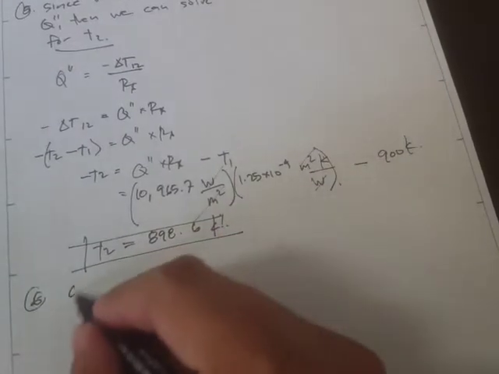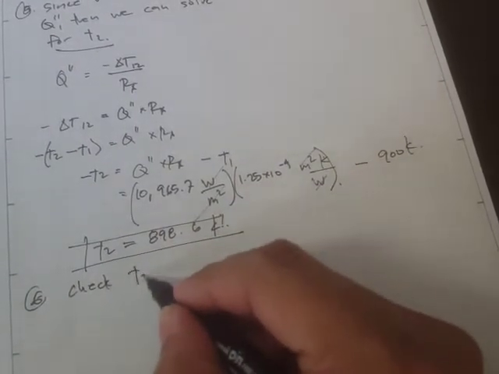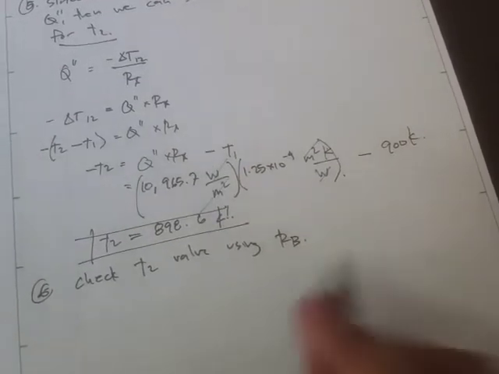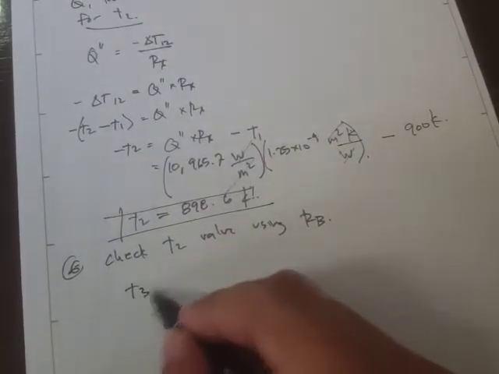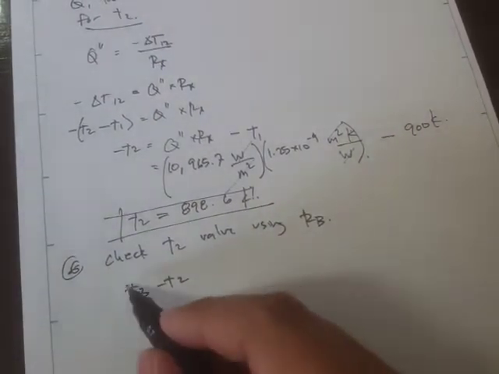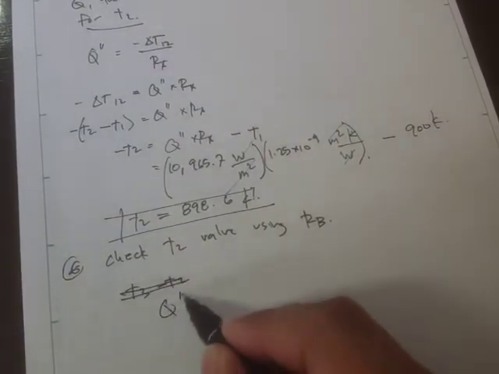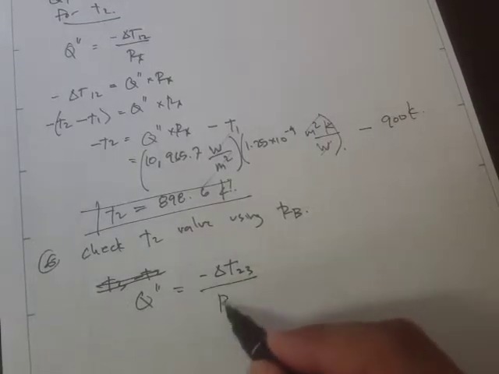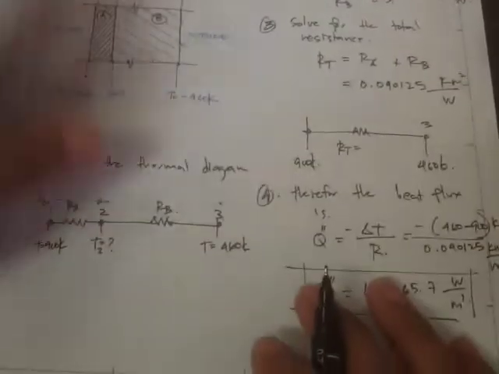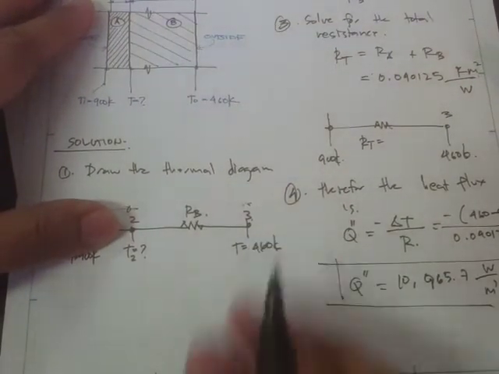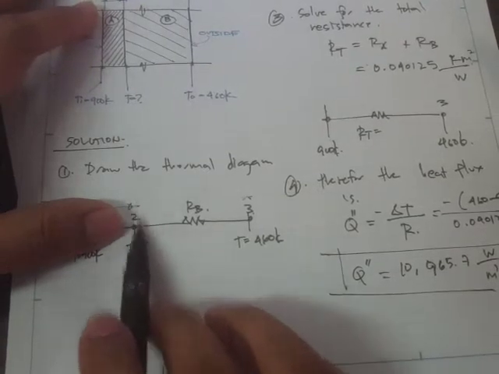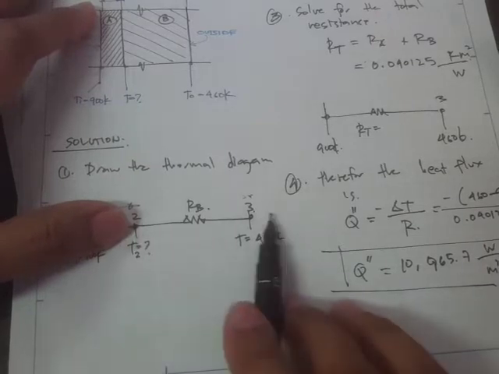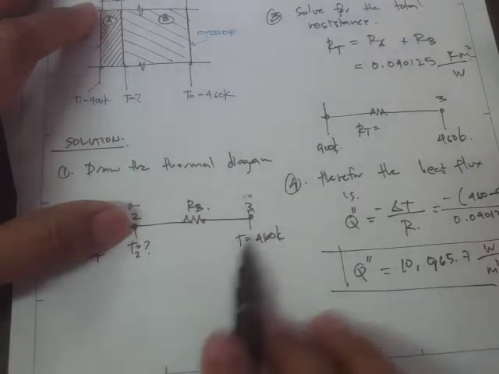Now let's check the T sub 2 value using R sub B. So T sub 3 minus T sub 2: the heat flux is equal to negative delta T from 2 to 3 divided by the resistance of B. Now we are going to check if the value of the temperature at the interface is the same if we solve for this part.